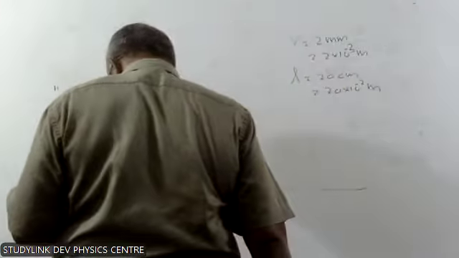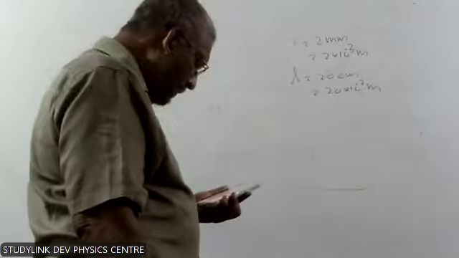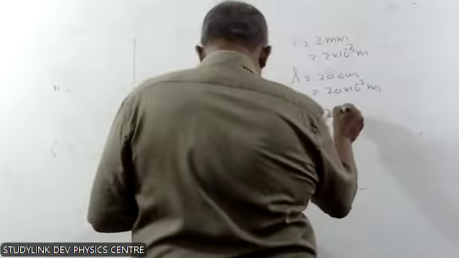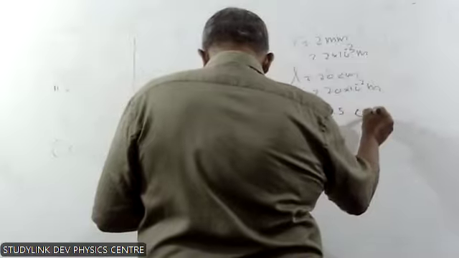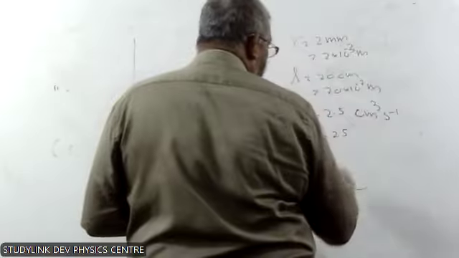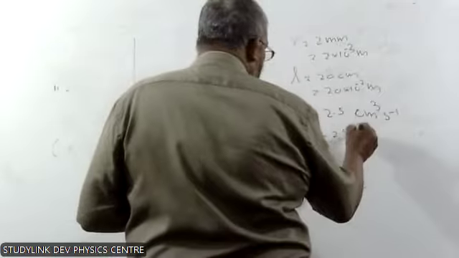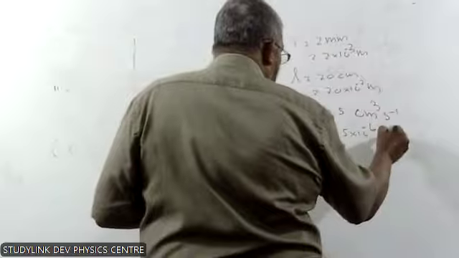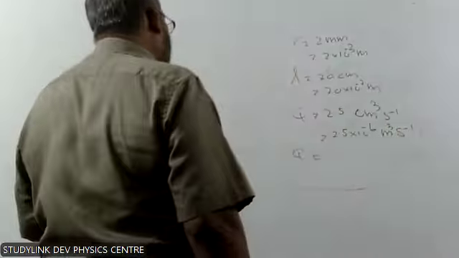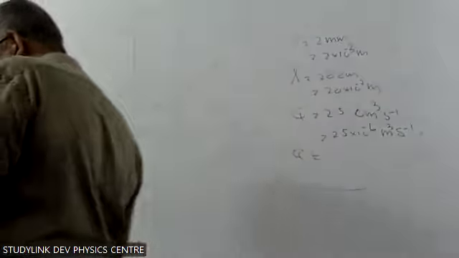After that, Q, the rate, is given as 2.5 cubic centimeters per second. So you have to get this as 2.5 into 10 to the power minus 6 cubic meters per second. After that, you use the Poiseuille equation. Remember, convert to SI units and use it.